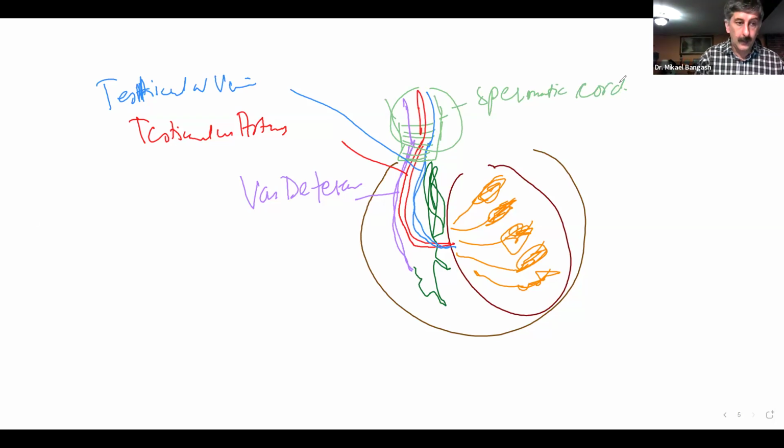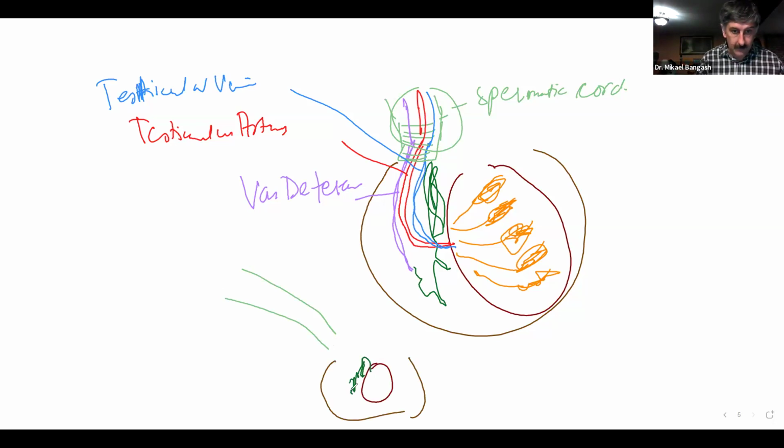And it's actually going to be this spermatic cord. So down here we have the testes or the scrotum, in which we have the testes.